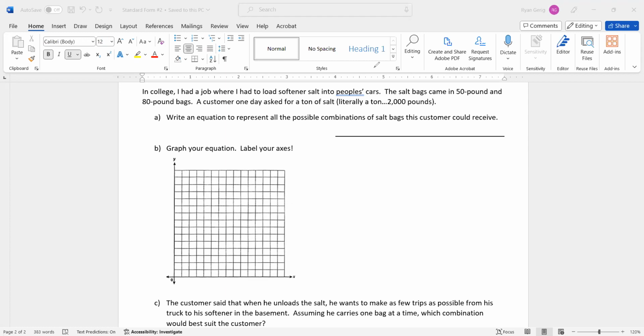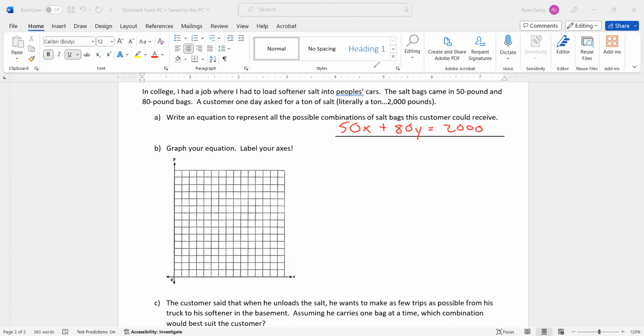Write an equation to represent all the possible combinations of salt bags this customer could receive. So we had 50-pound bags, so I'm going to do 50x. We had 80-pound bags, 80y, and I wanted to make that equal 2,000. Now I've got to determine what x and y are.